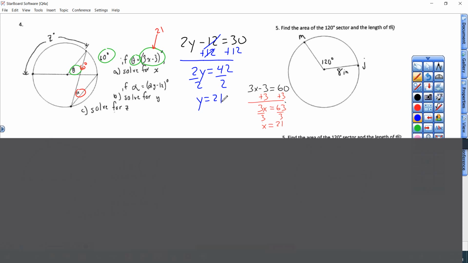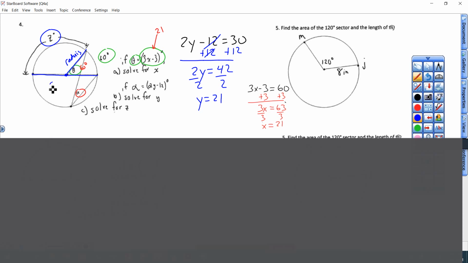And then for z, what about that? So with this in the middle right here, this is the radius, right? So what's the line called when you have a dot exactly in the middle and you draw a line all the way through it? Do you remember what that line's called for a circle? Isn't that the diameter? Yes.